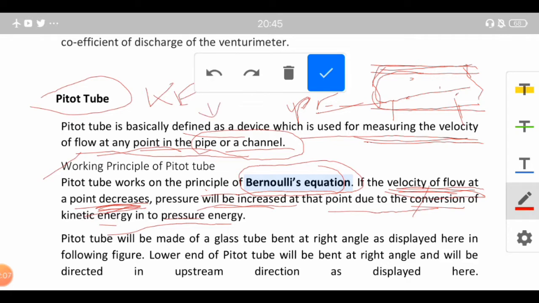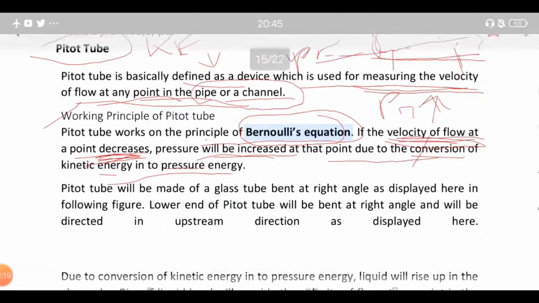If the kinetic energy is reduced, something must compensate, and therefore the pressure energy is increased at that particular point. So this is the working principle of the pitot tube.